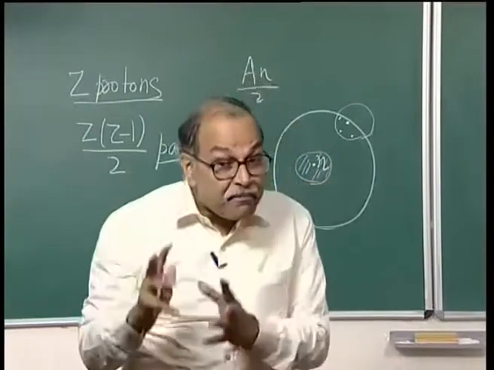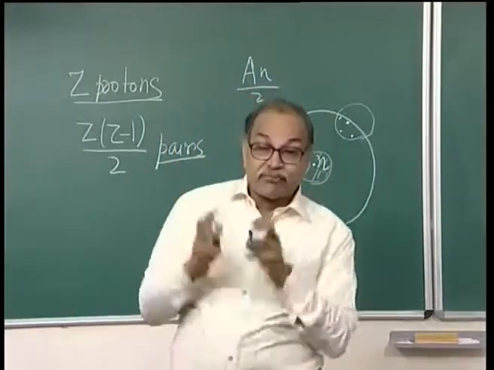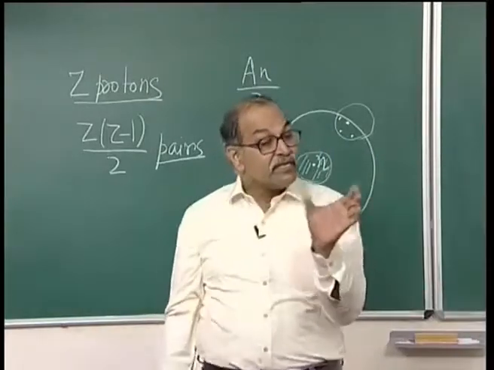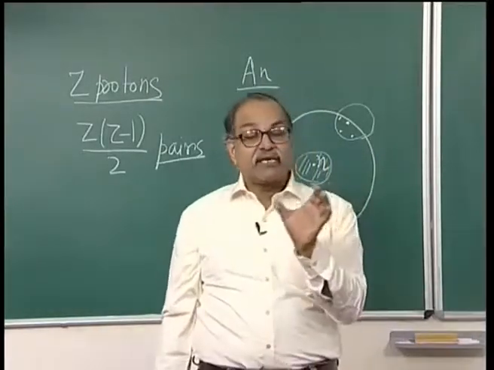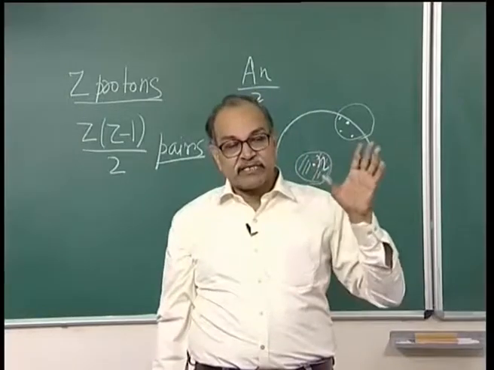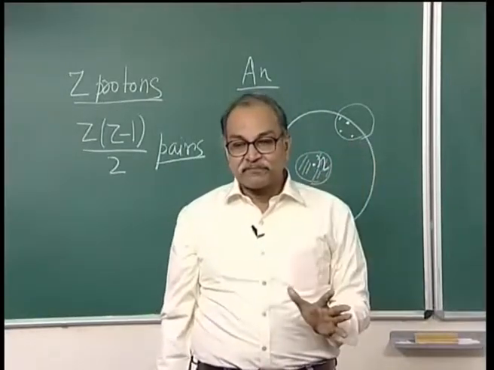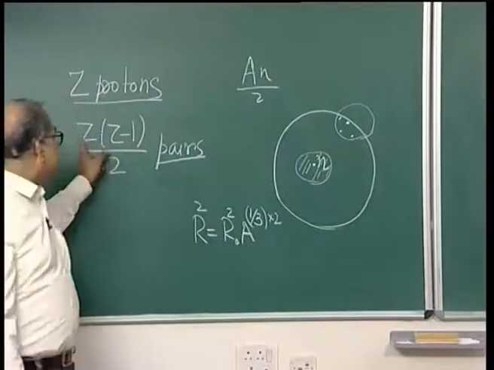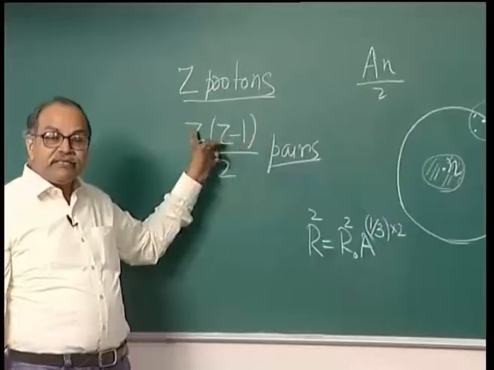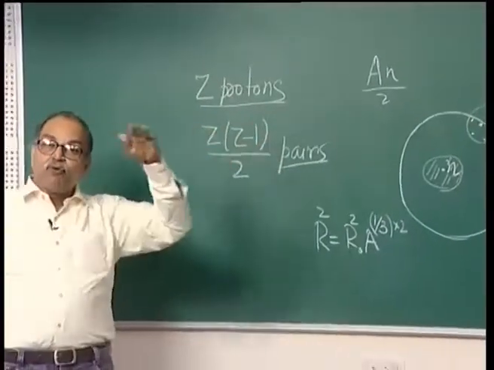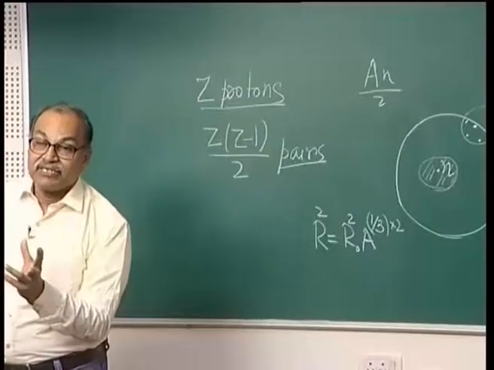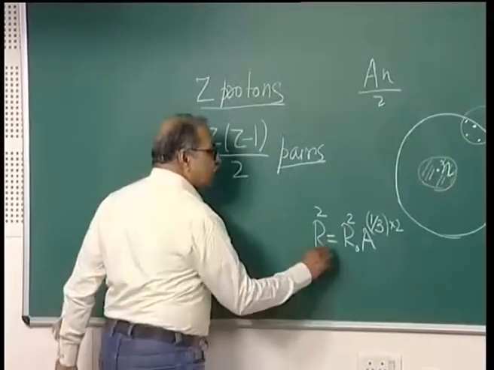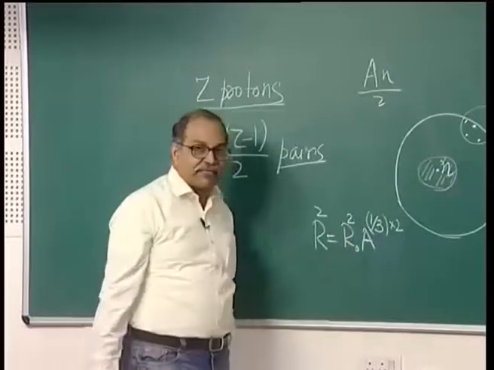So the electrostatic potential energy will go as 1 by the average separation between the charges, something of that sort. So it should be proportional to Z into Z minus 1, and it should also be proportional to 1 by the radius of the nucleus, and the radius once again is r naught A to the power 1 by 3.